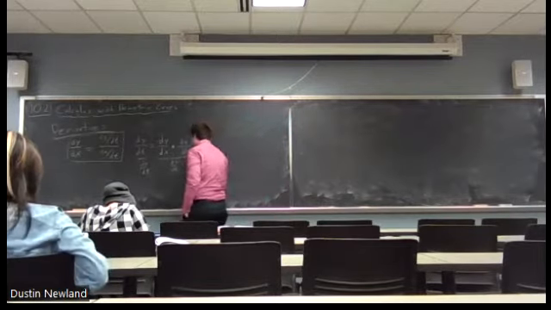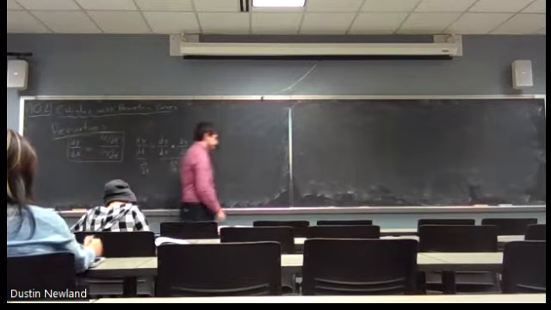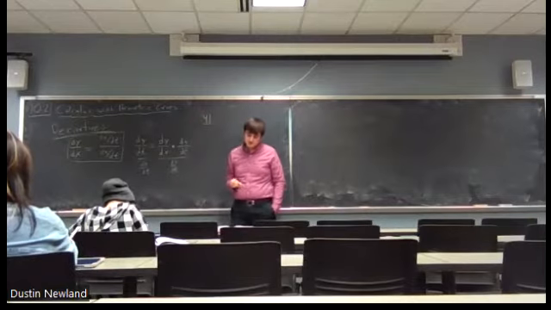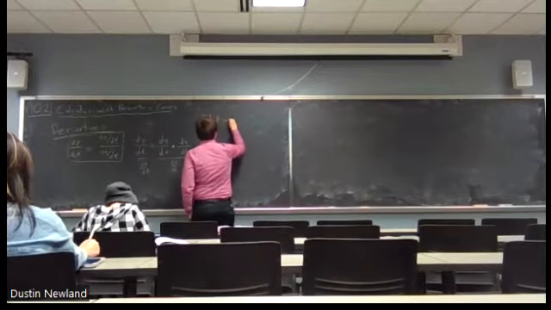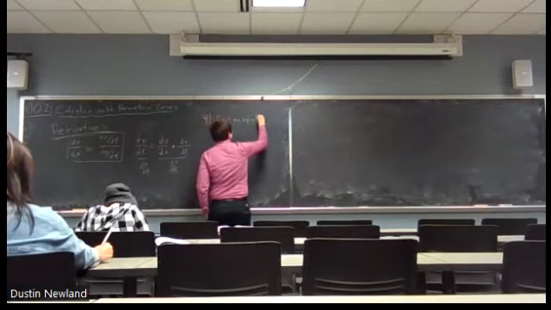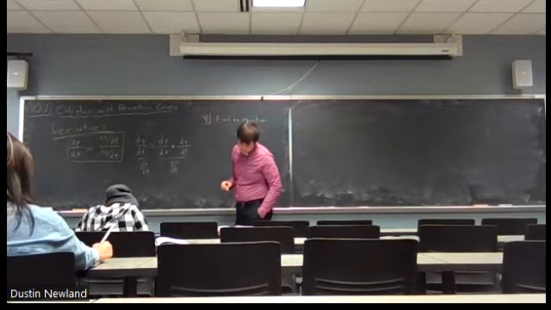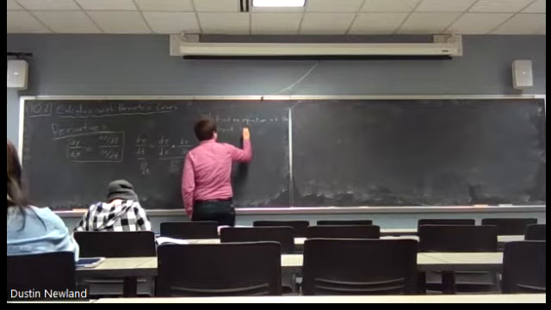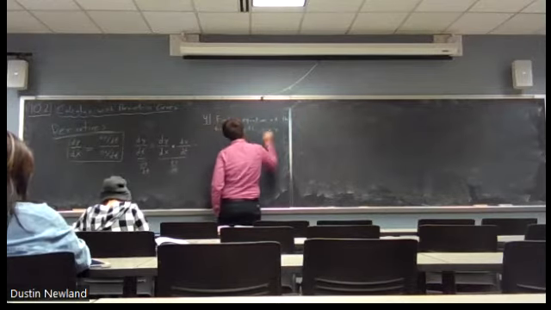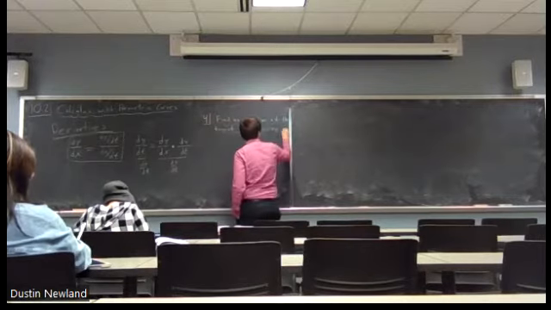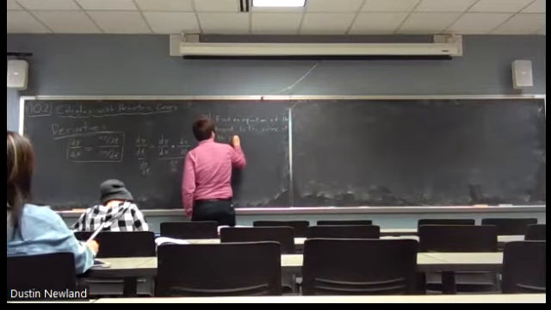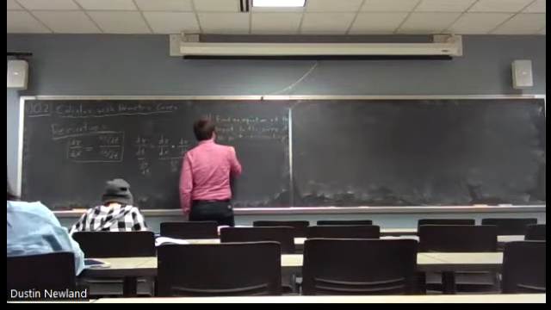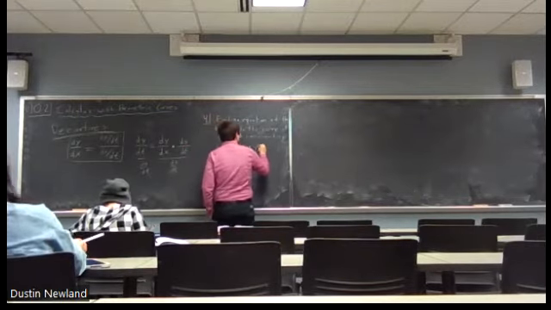We're going to get started with an example. This is going to be number 4. Number 4 in the book asks us to find an equation of the tangent at the point corresponding to the given parameter.